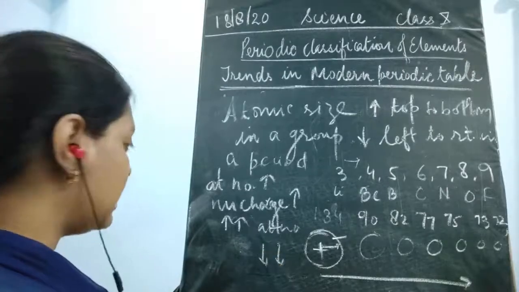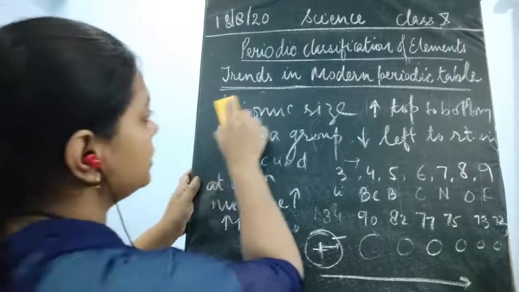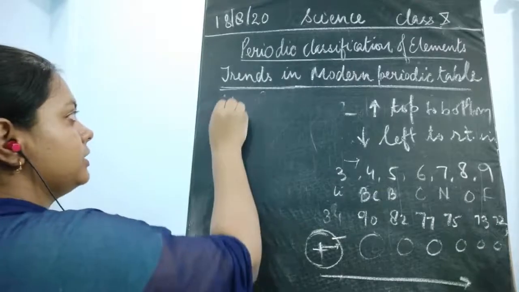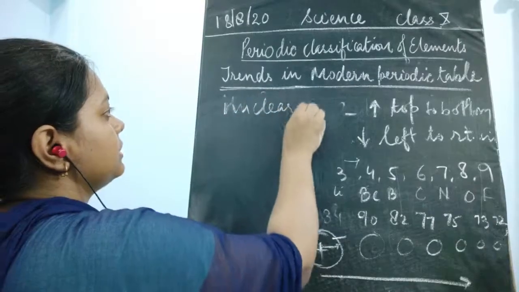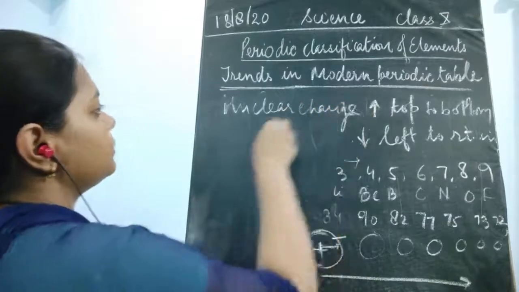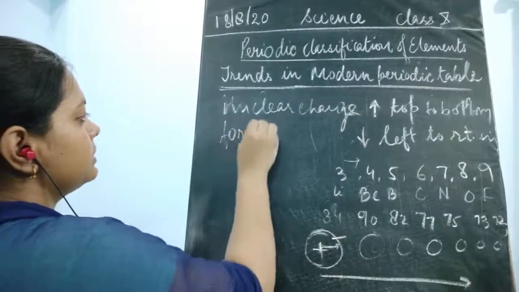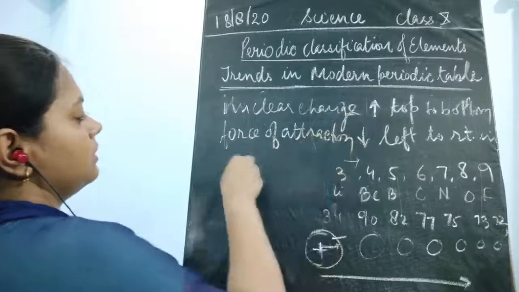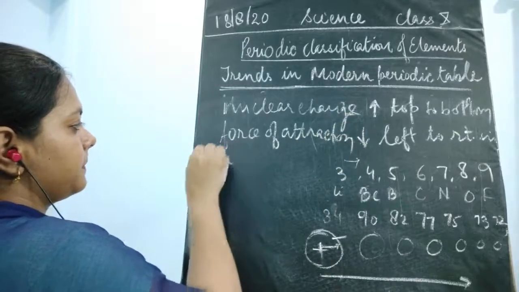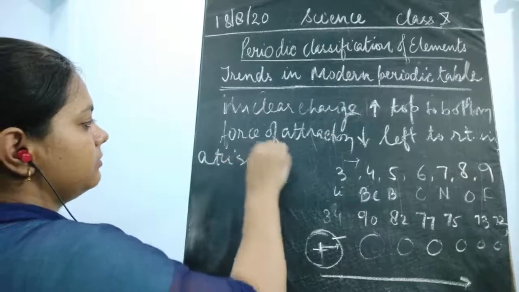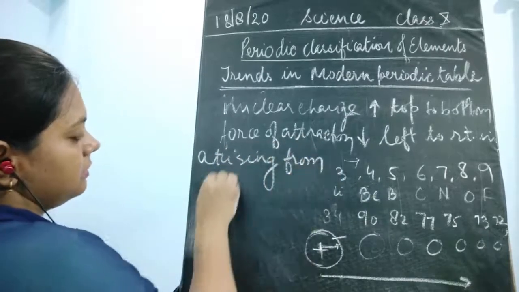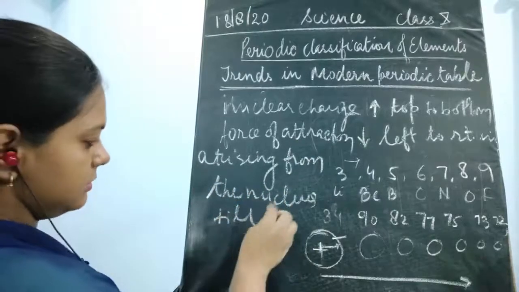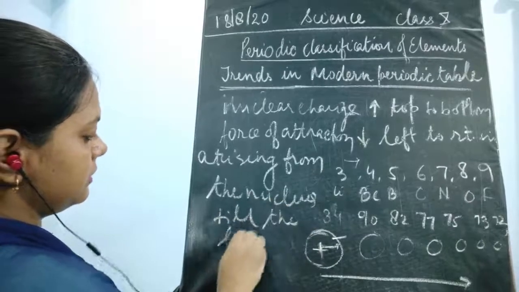So please understand the meaning of the words effective nuclear charge. Nuclear charge means it is a force of attraction arising from the nucleus till the electrons.